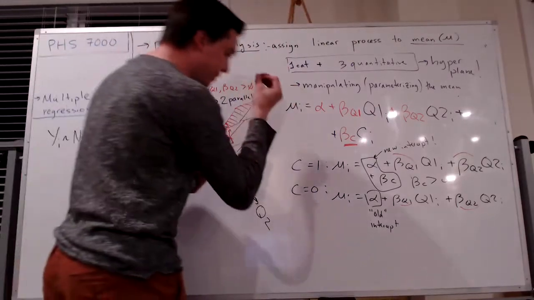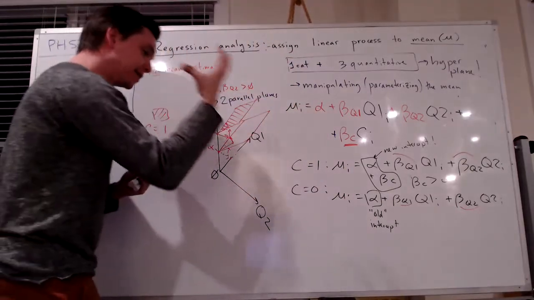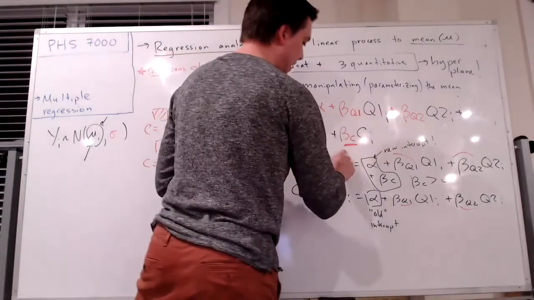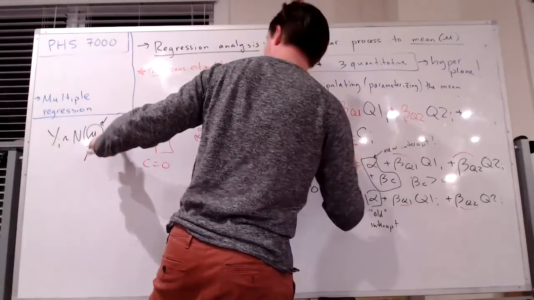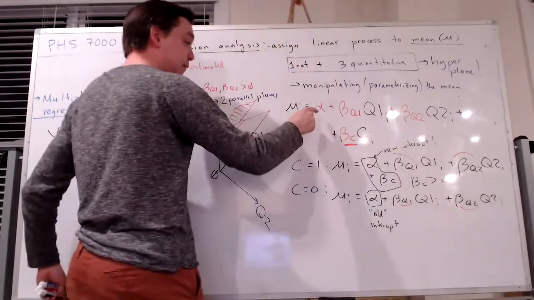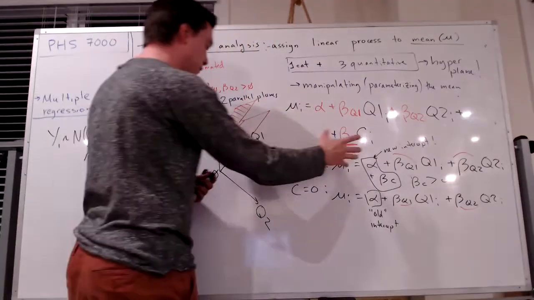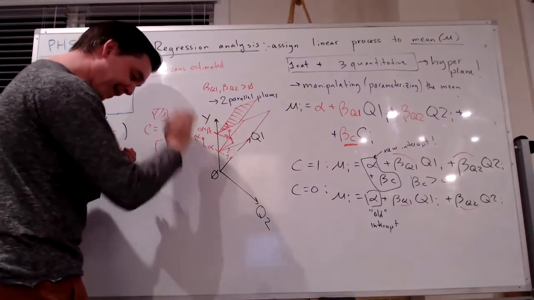A coefficient could be significantly different than 0, but the AIC could still select that model. So remember, each one of these has its own confidence interval, 1, 2, 3, 4, 5. And in fact, the alphas and the betas also have p-values. So we can determine, for example, if our 2 planes are statistically significantly separated.